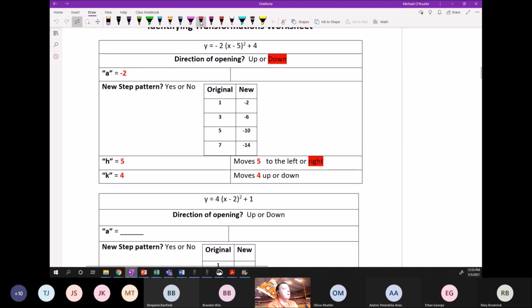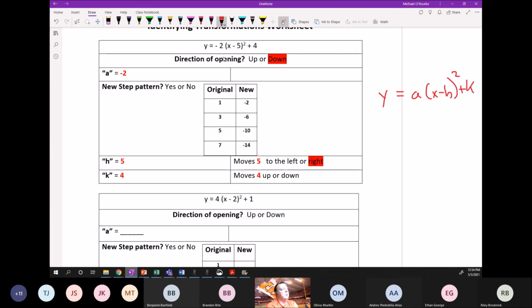So if I take a look at this first one, this is one I've already done. Here's the equation here. And have your notes to future self out, where it has the equation a bracket x minus h squared plus k.